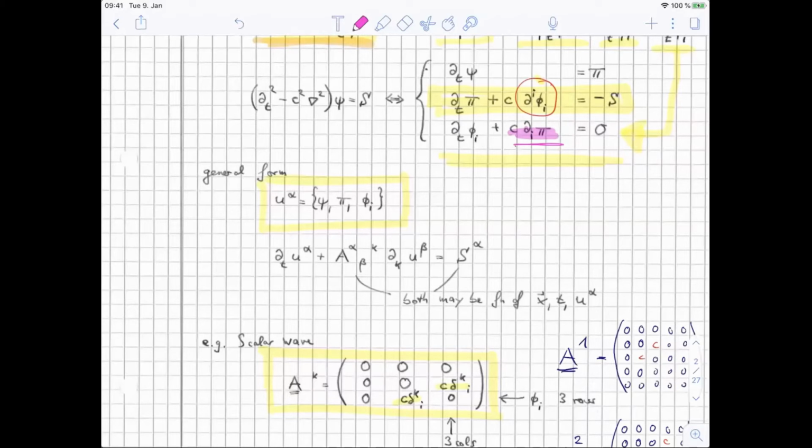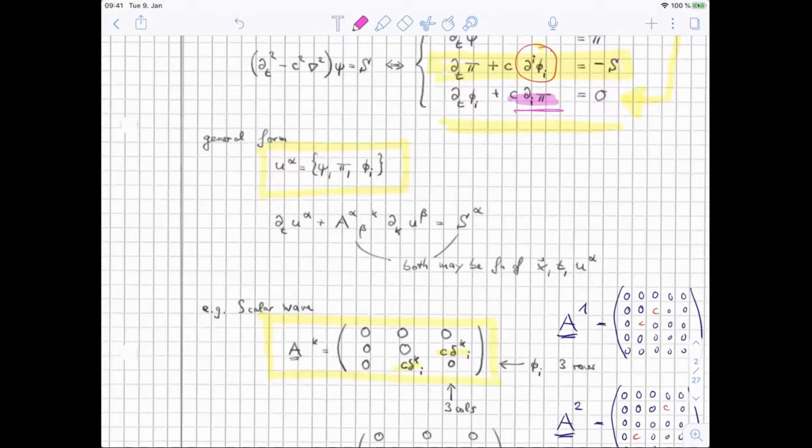What's missing is in the pi equation, I think, the gradient of phi term. So somewhere there should be one more term in this matrix, which apparently in my notes is missing. And I'm not capable of working out right here live in front of you.